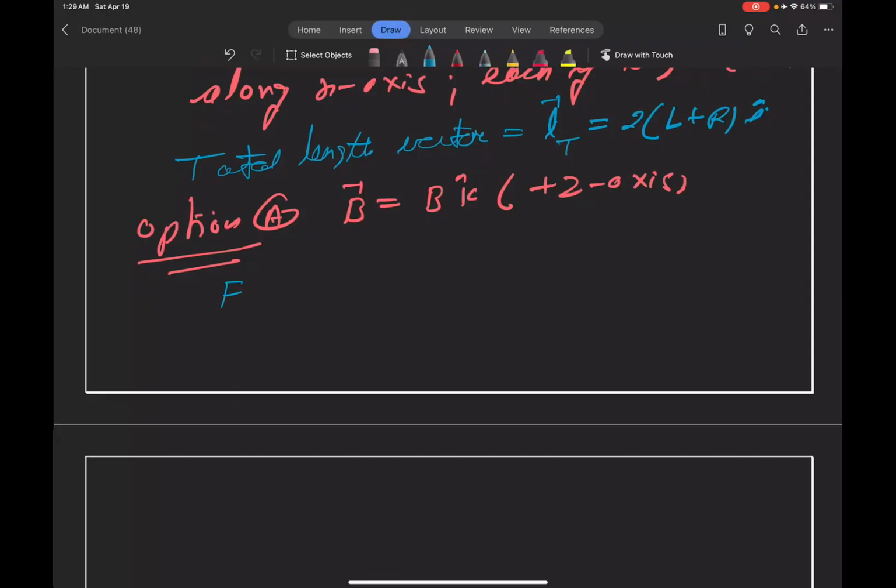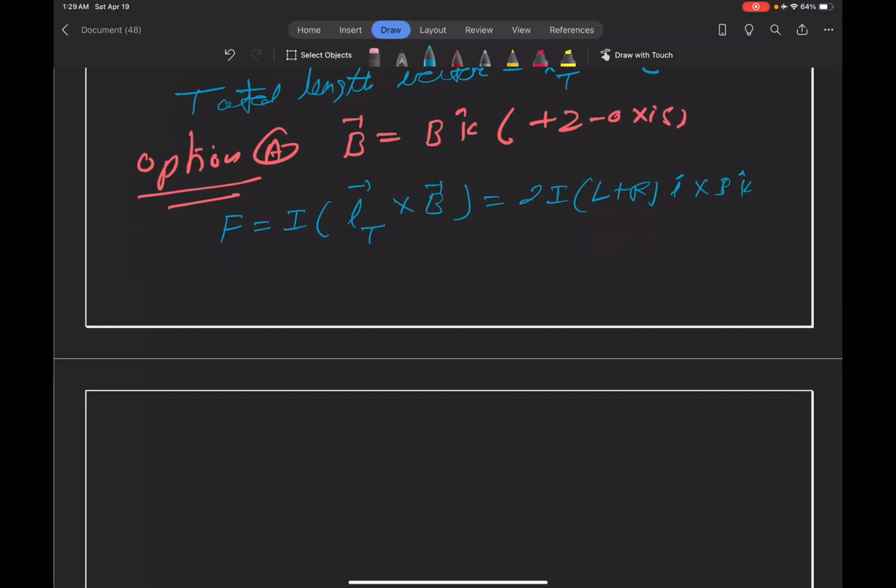Force will be equal to current I times L total cross product with the magnetic field. Substituting the values, we get 2I times L plus R i unit vector, cross B k unit vector. And i cross k is minus j. Therefore the force F will be equal to minus 2IB times L plus R j unit vector.